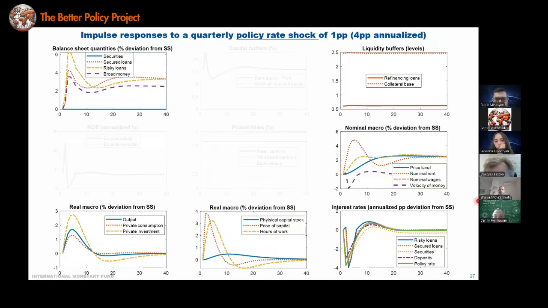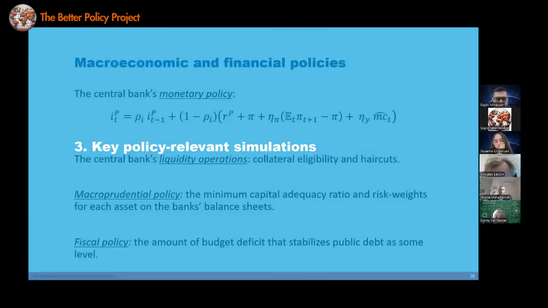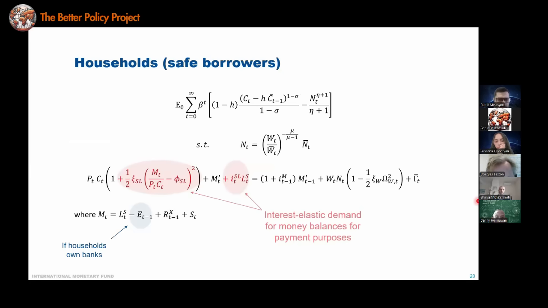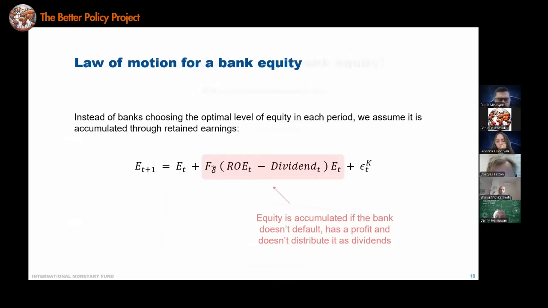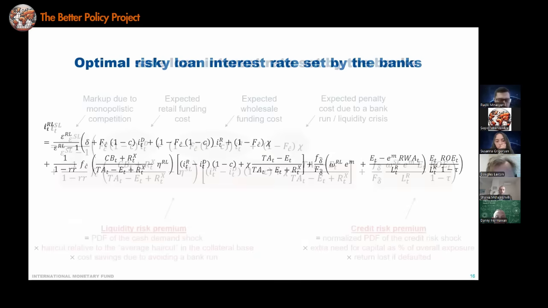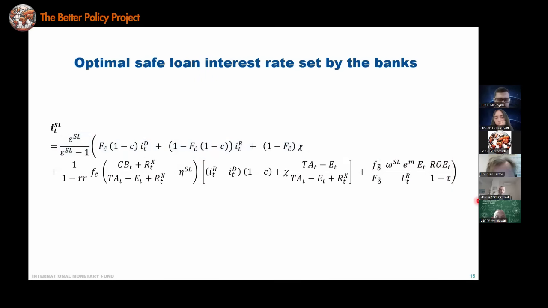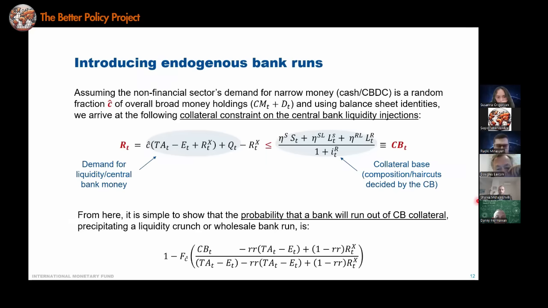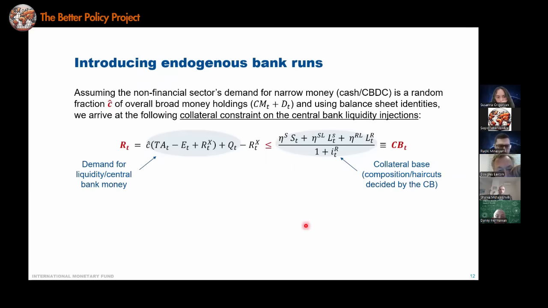Yes, that's exactly right. Let me go back to the slide which talks about where the liquidity risk comes from in this model. Yes, this is the slide. So where does the liquidity risk come from within this model?